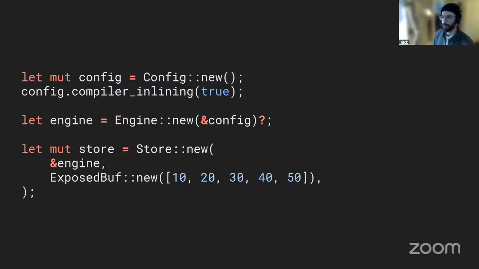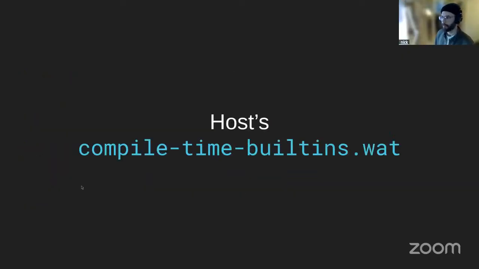And then here's where we start to get interesting again. This is creating a Wasmtime engine and creating a store, and then we pass an exposed buffer as the T in the Store<T>. It's our user data.